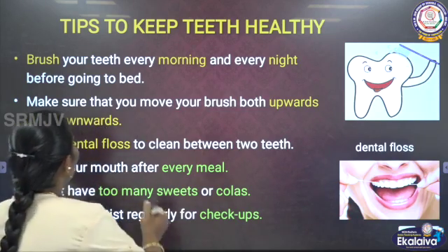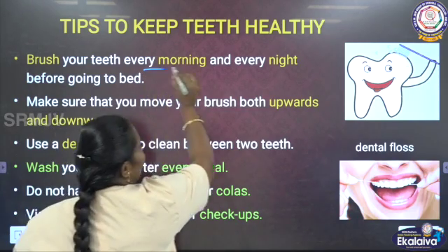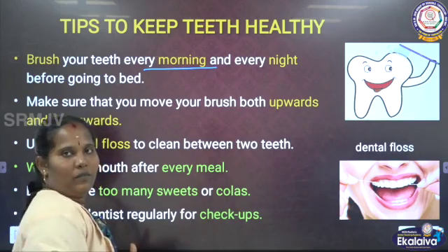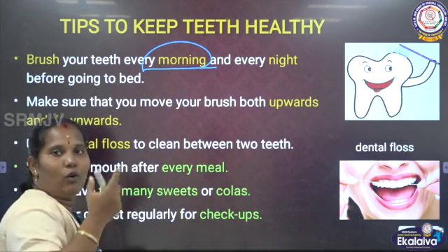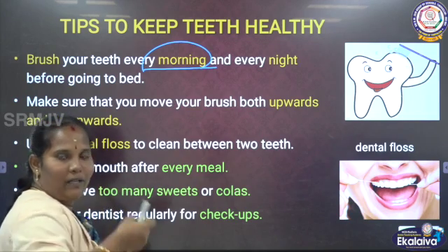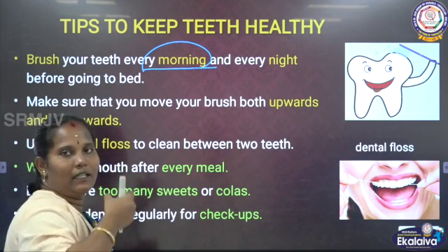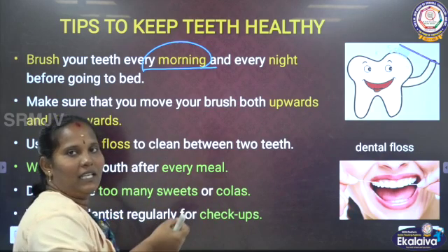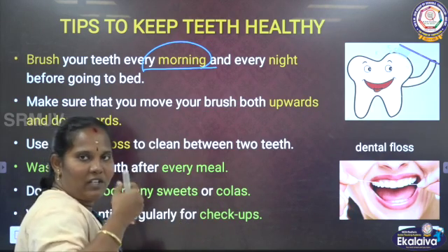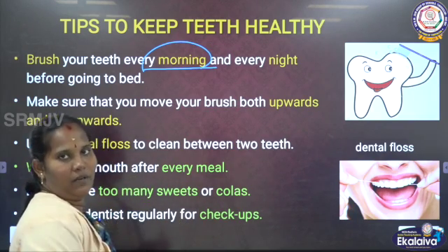When do we brush two times? Every morning when we wake up, we have to brush our mouth, because as I told already, food particles will be stuck in the teeth and bacteria will grow, giving the sticky plaque. So while brushing we can remove that plaque from our mouth.